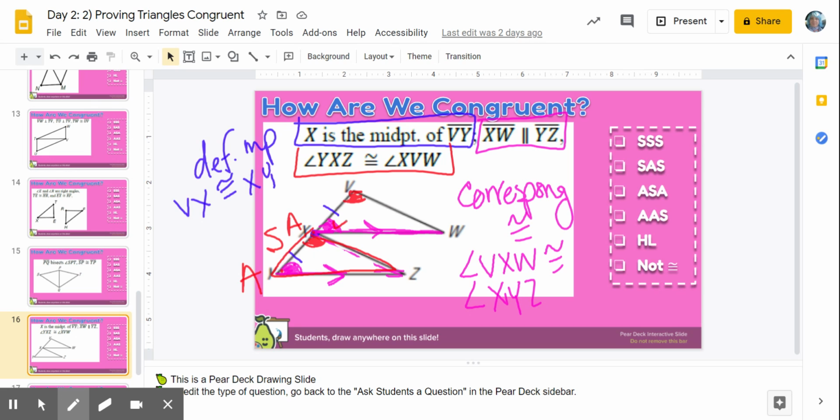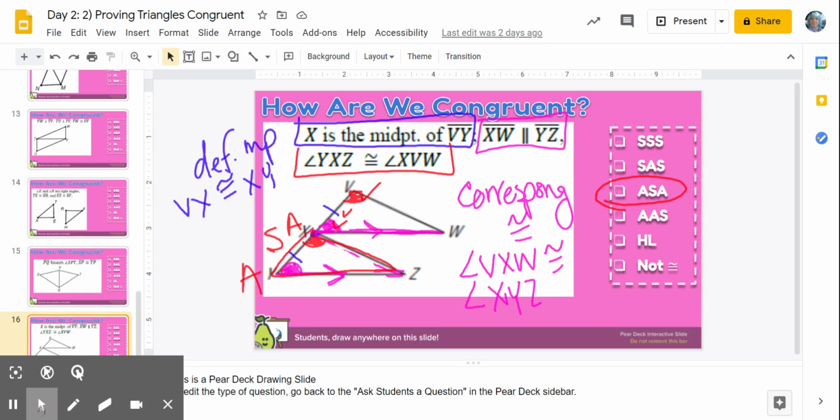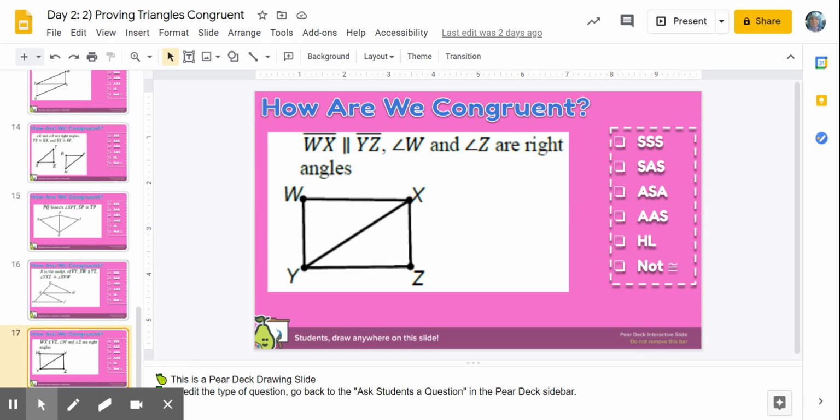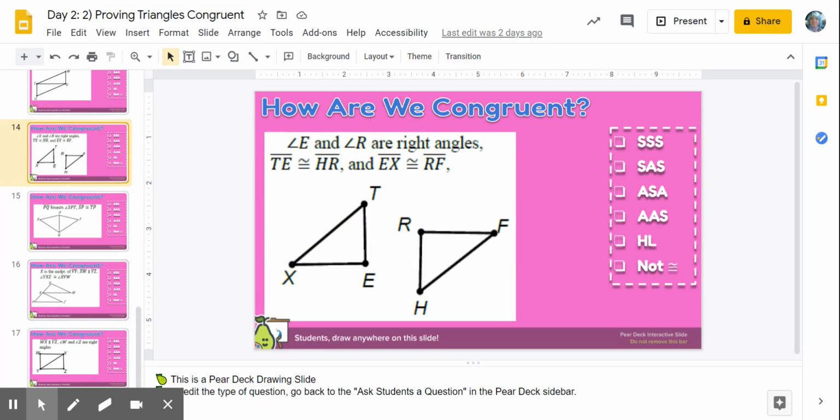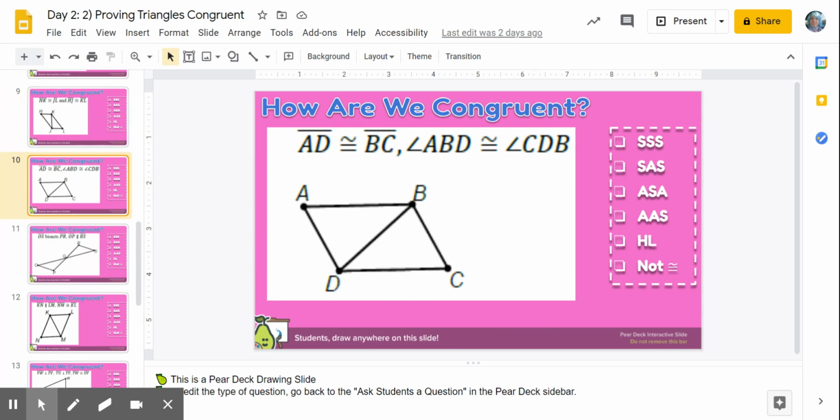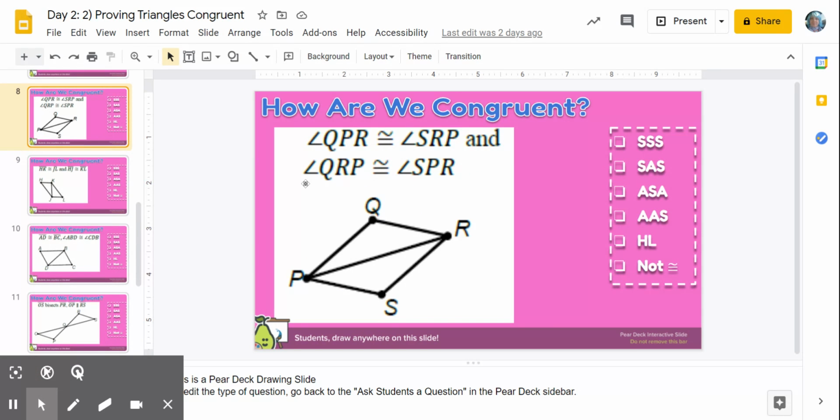And I've got that same angle, that same side, and that same angle. So this one, guys, is going to be here. These get tough, and usually we practice these for a week, not 2 days. Okay? Do your best. Use the vocabulary that you know. Was that helpful? A little bit? Kind of, sort of, maybe?